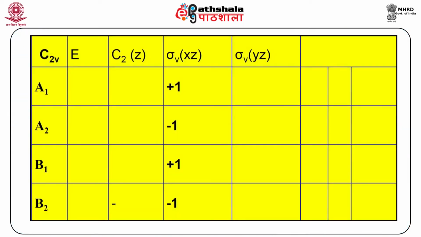As given over here, for A1 and A2 we look at sigma v(xz), and for B1 and B2 we look again at sigma v(yz). That is, in this we are having plus and then plus, minus 1 and minus 1. For A2 or B2, it is antisymmetric with respect to sigma v.